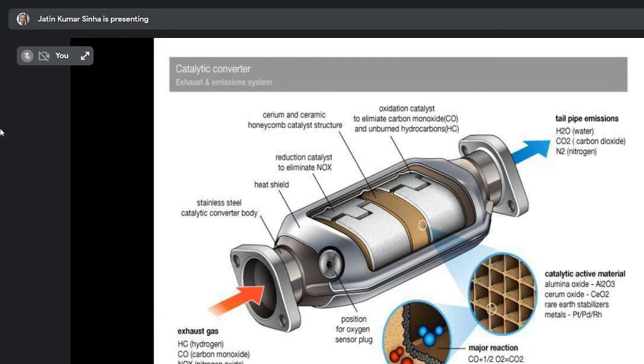So this is how the catalytic converter works in our vehicle systems, and this is a mandatory part of each and every vehicle nowadays. Again, we also have different environmental policies. For vehicles, now we are following this Bharat 6.